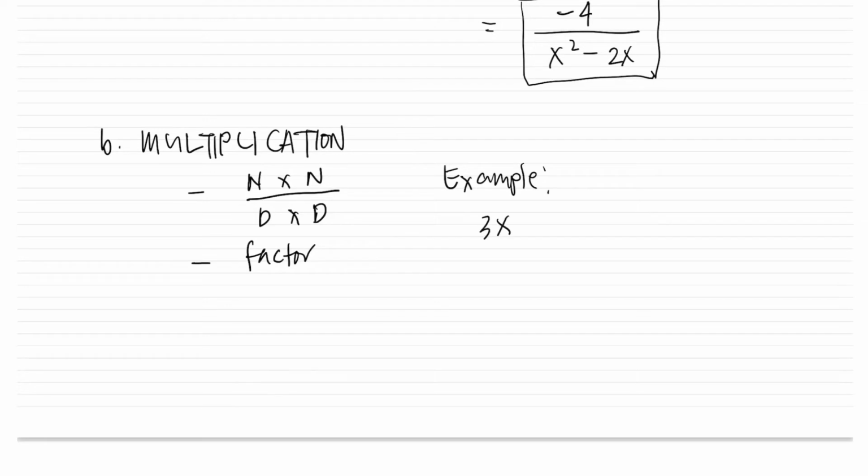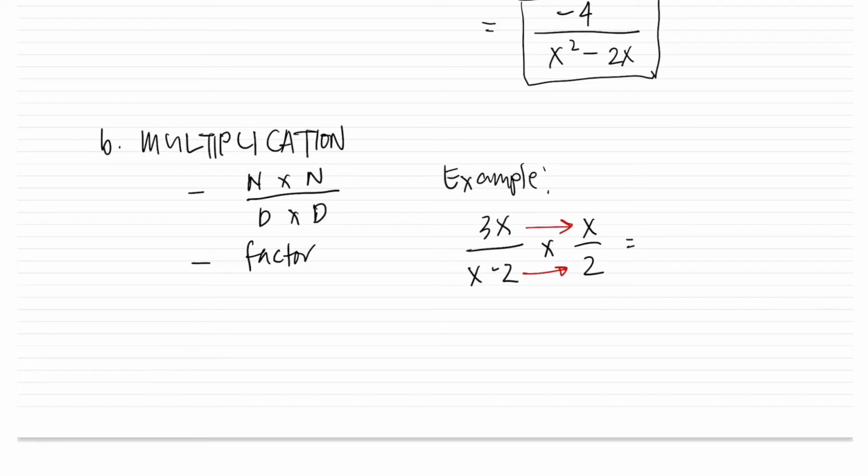Now what if we have 3x over x minus 2 times x over 2? The rule says numerator times numerator, denominator times denominator.